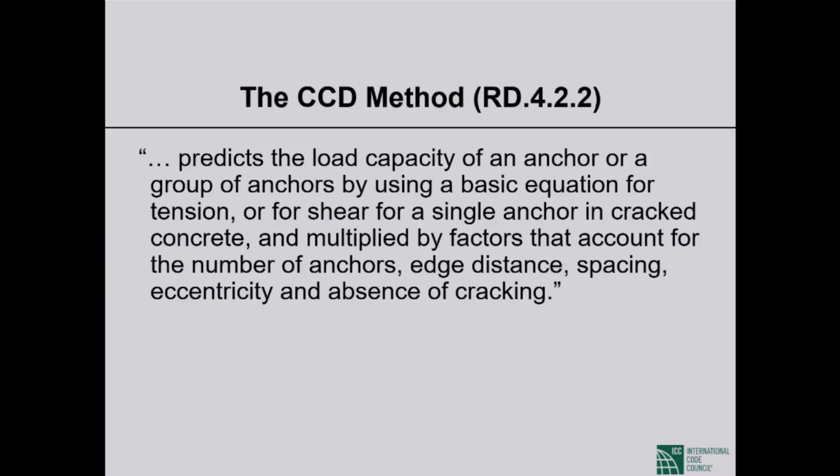This single anchor capacity in cracked concrete is multiplied by factors that account for the number of anchors in a group, edge distance, spacing, eccentricity of load application, and possible absence of cracking. If you can show that your concrete at service level loads is going to remain uncracked, then you get a correction factor larger than 1.